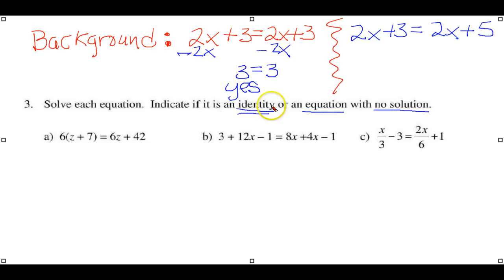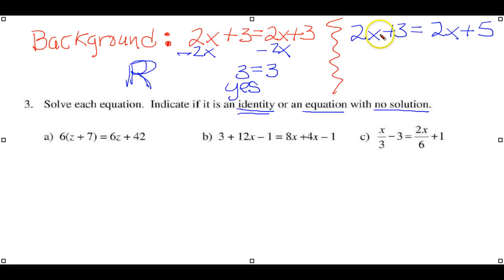So when we have an identity, the answer is all real numbers, and we usually use that symbol. So for an identity, and it won't look like this initially, you have to fiddle with it, and then it looks like this. And if you start to solve it, you see the variables will cancel out. You end up with a true statement. This is all real numbers.